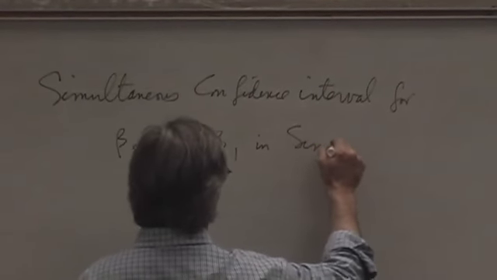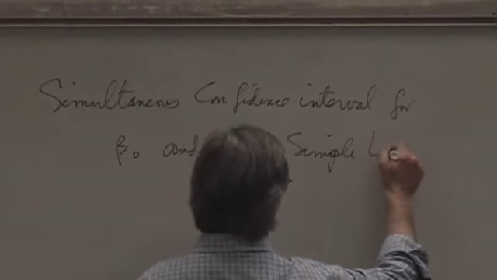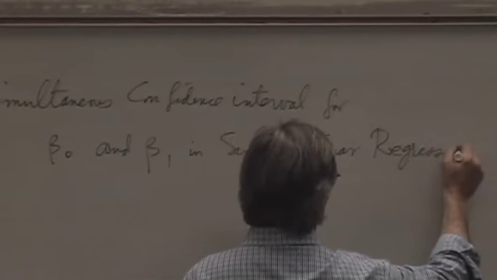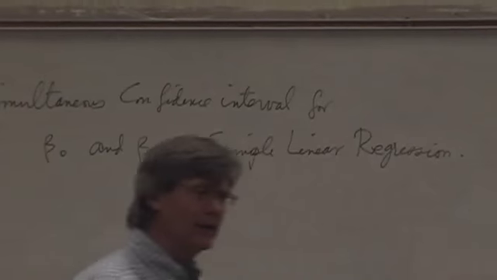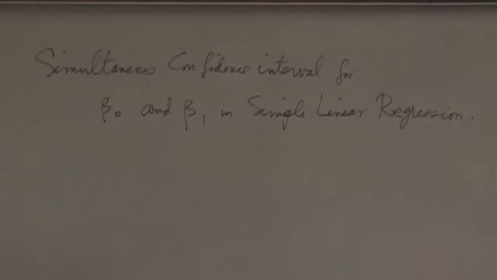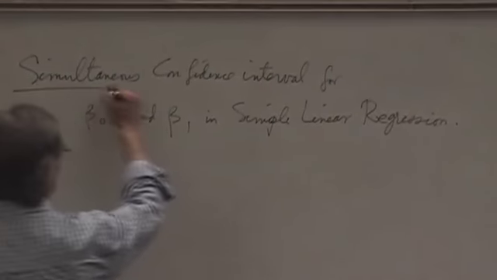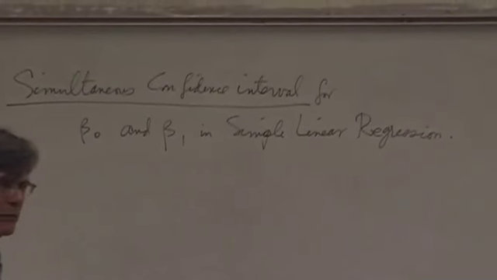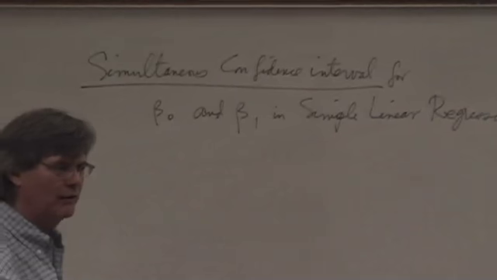Because when I do a confidence interval, I didn't actually put this in the notes, but let's just go ahead and look at it. If I get a confidence interval for beta 1, which you have done for me, and a confidence interval for beta 0, those are individual confidence intervals.